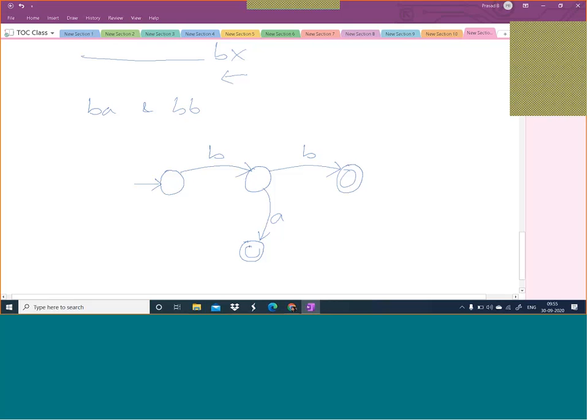Again A comes, no, then go to non-final. Here again A comes, we stay in the same initial state. And if B comes, we come to this state. So 4 states is the answer.